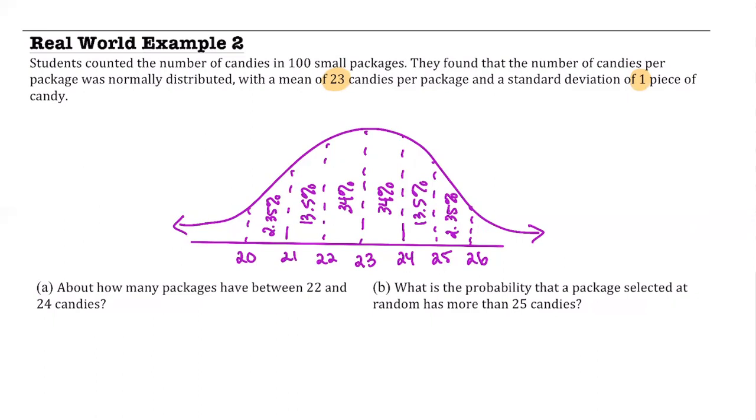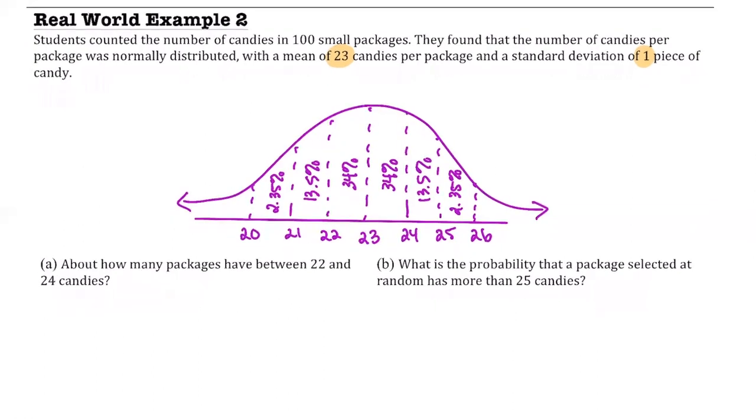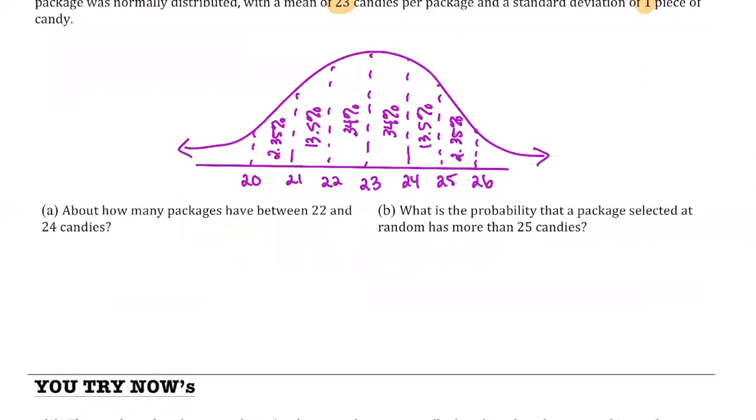So for our first question, it's telling us about how many packages have between 22 and 24 candies. So that's telling me I'm really looking at this area of my graph between 22 and 24 candies. Ooh, that's not supposed to happen. That's this section of the graph, which is, if I add my percentages, I'm going to take 34 plus 34, and that's going to be equal to 68%.